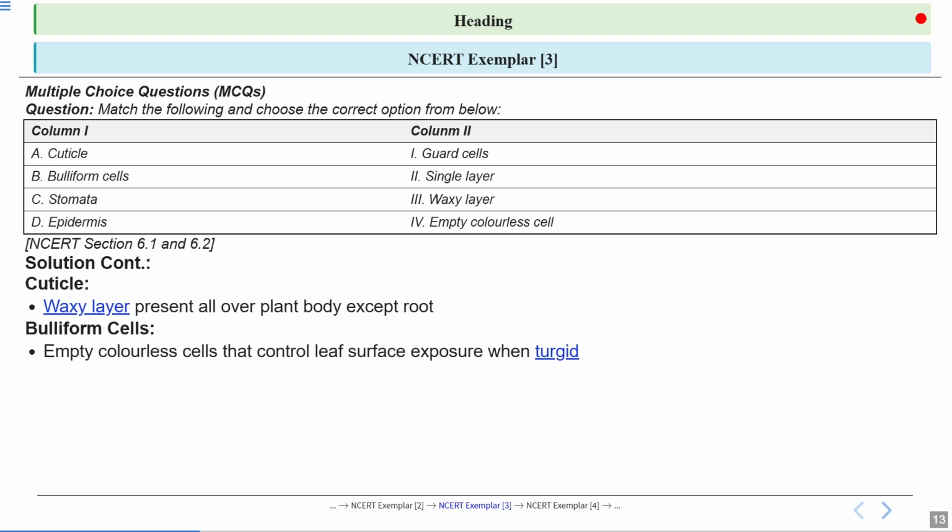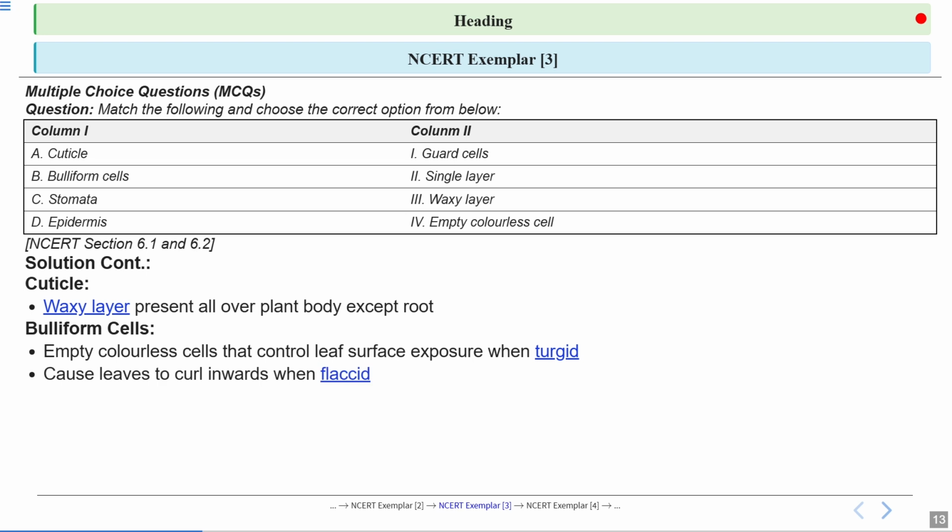When they are turgid, the leaves expand and get maximum sunlight. But when the plant has less water and wants to conserve it, the bulliform cells become empty. They do not have any water in them, and due to that the leaves start curling. The leaves get enfolded, and in this way they conserve the water present in the plant.